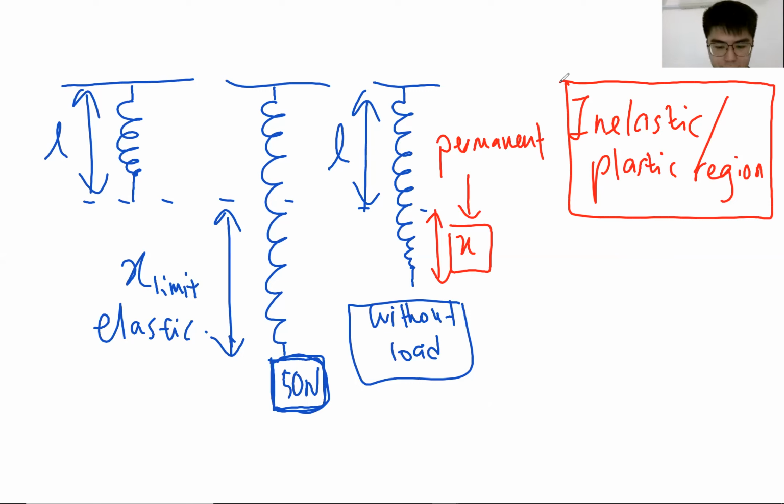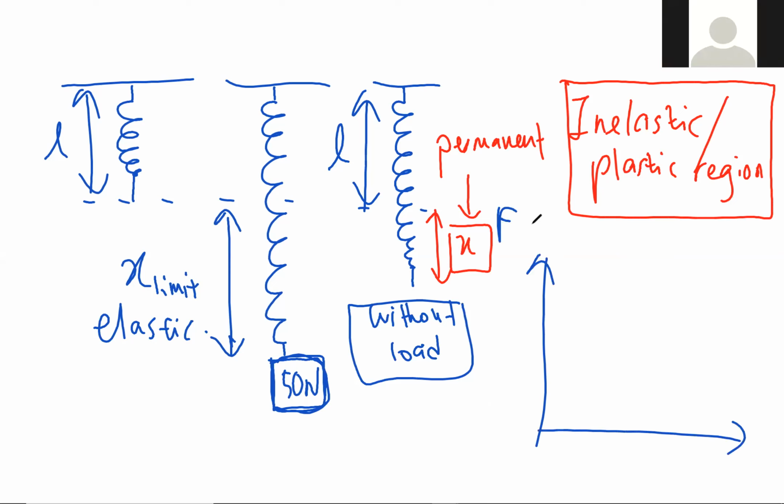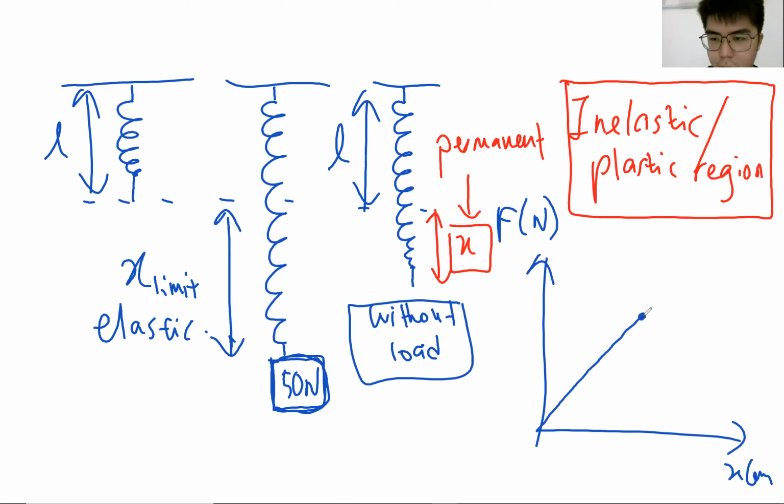Now, from here, if I continue to plot my graph, so let's say this is my graph again, F in N, x in cm. Just now it's a straight line, right? Straight line until a point, which is the elastic limit. So beyond the elastic limit, the curve will no longer move in a straight line.